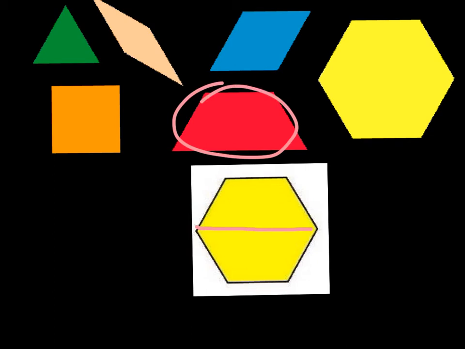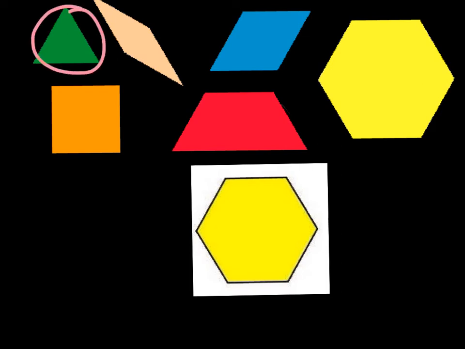Okay, let's say that we were looking at the hexagon once again, and I wanted to know how many triangles, the green triangle, how many of those would fill or make a whole. So those would work out a little bit differently, and you'll have to excuse my line here if it's not straight. But I could fit how many of those triangles on there?